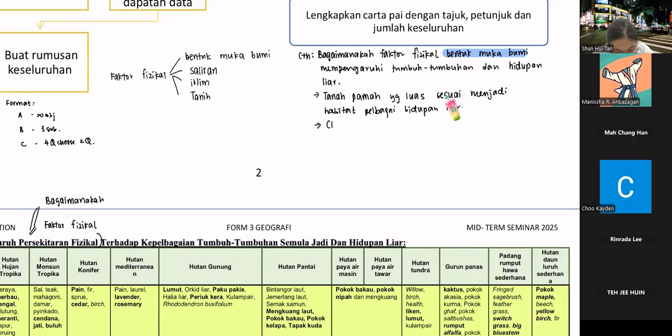Then you can say contoh tumbuhan, or you can say bentuk muka bumi ini atau tanah pamah mengalahkan pertumbuhan hutan hujan tropika, hutan monsun tropika, dan hutan konifer.